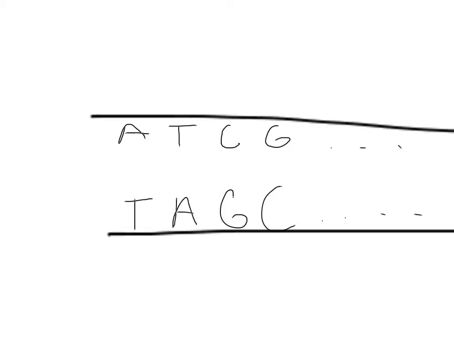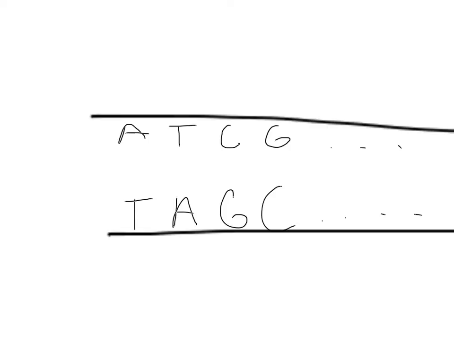We know we have an adenine base, we have a thymine base, we have a cytosine base, and a guanine base. And on the second strand, the complementary strand, we have complementary bases. And we know that adenine always pairs up with thymine, and cytosine always pairs up with guanine, and so on. And that's going to happen all the way along.